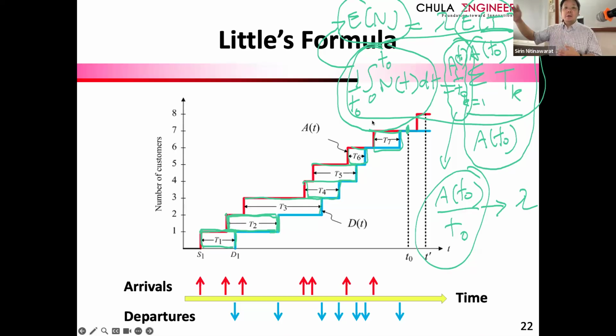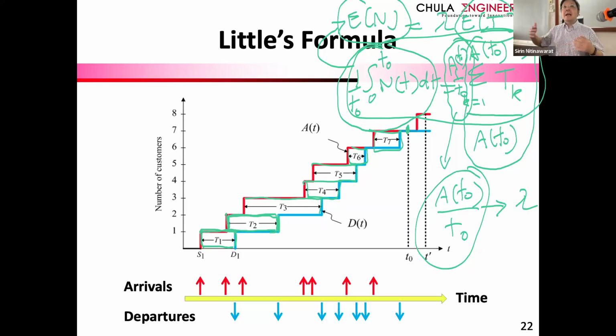But for a stable system, for which things do not blow up, if you look at a very long horizon, you will see that the system will reset itself from time to time. The resetting can be seen here, when the system is empty. If you look at a stable system for a long period of time, you will see this type of resetting from time to time, depending on the parameters of the system.